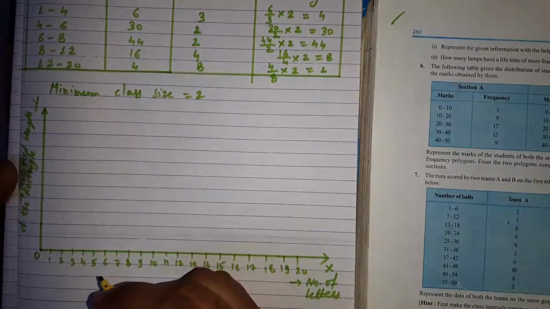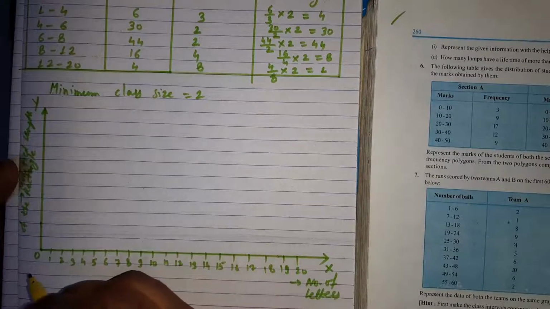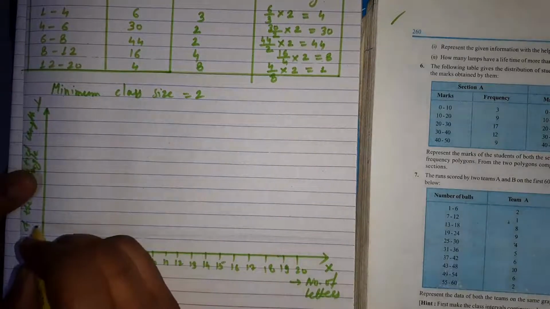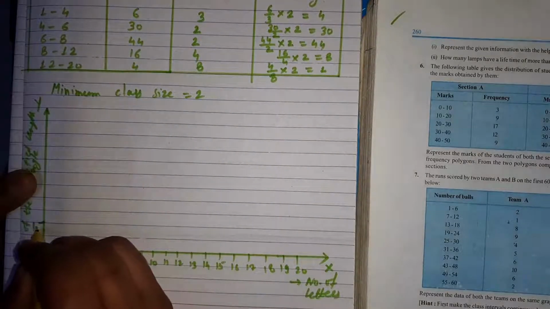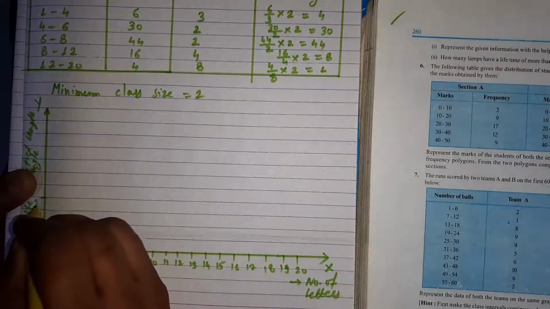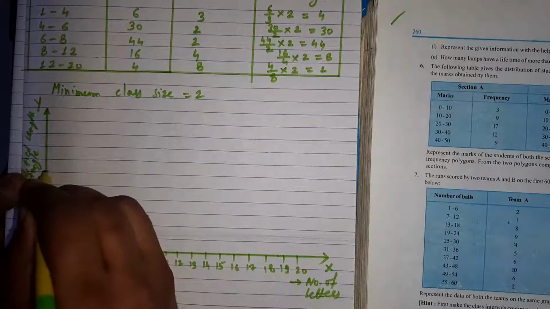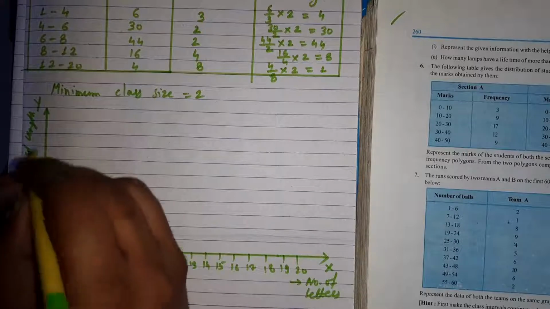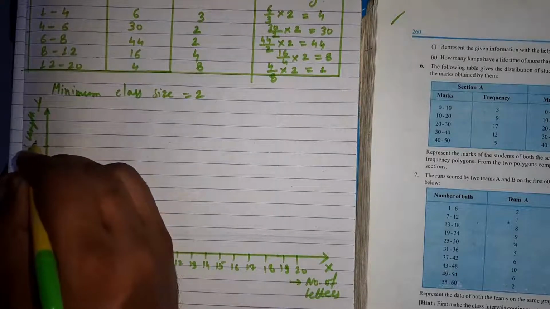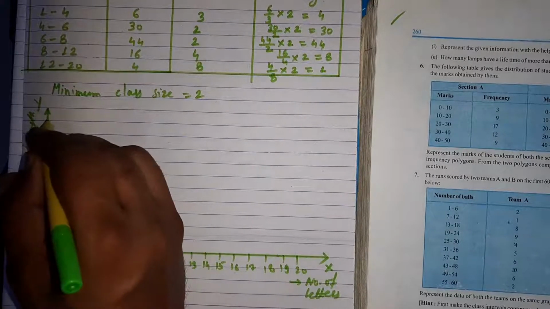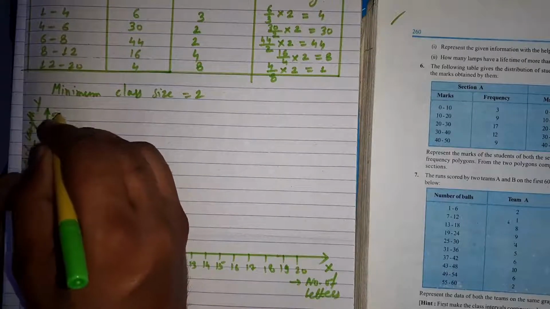On the y-axis we are taking the scale: 1 centimeter is equal to 10 units. This is 10, 20, 30, 40, and this is 50.